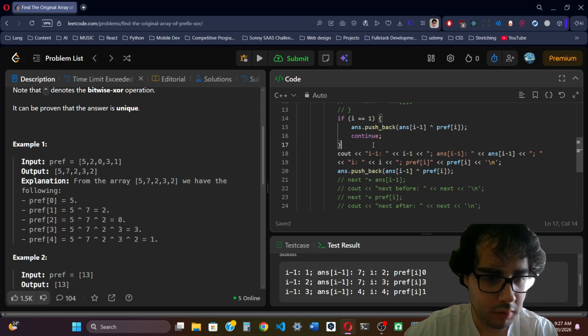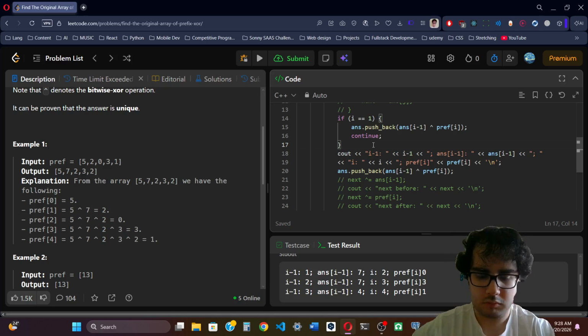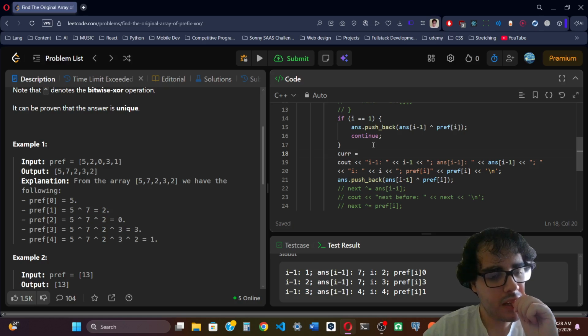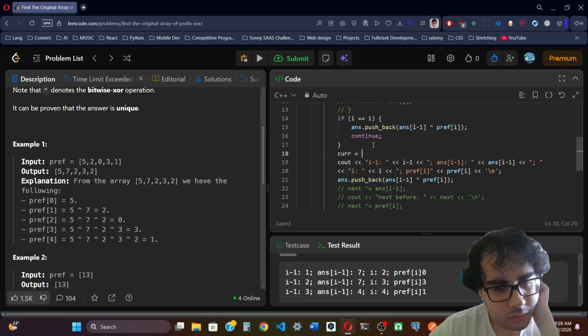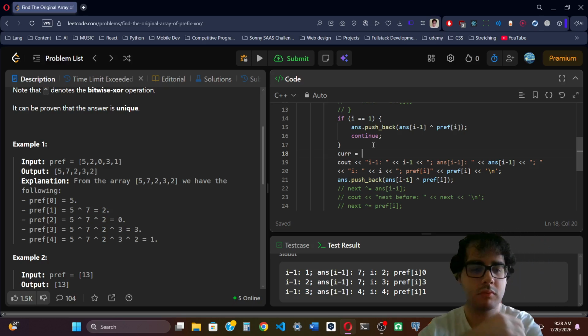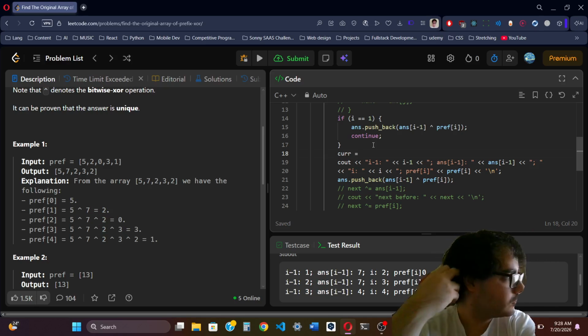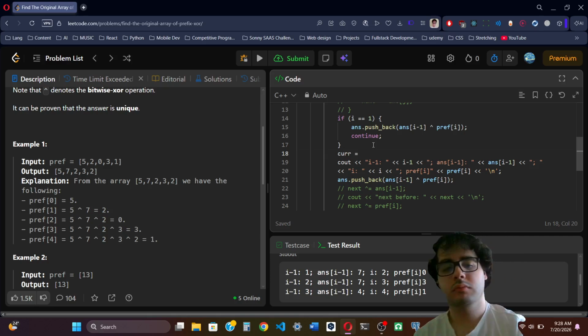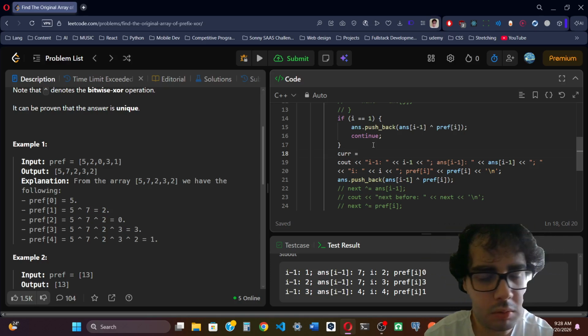Then 3 XOR 2 is, then 3 XOR 1 is, 3 XOR 2 is 1. XOR 2.